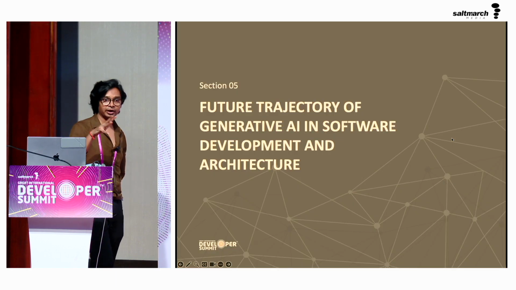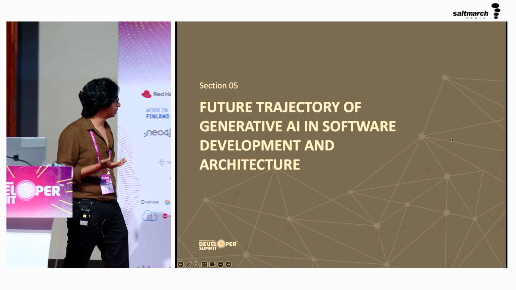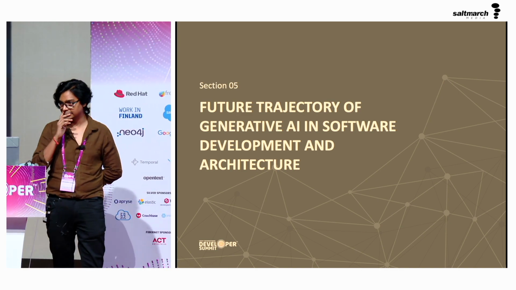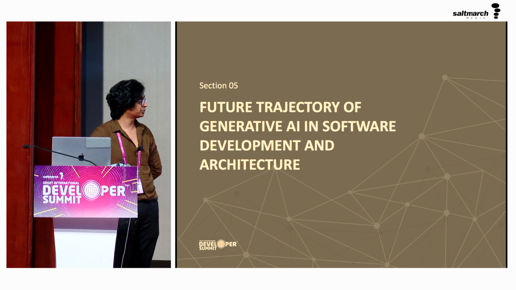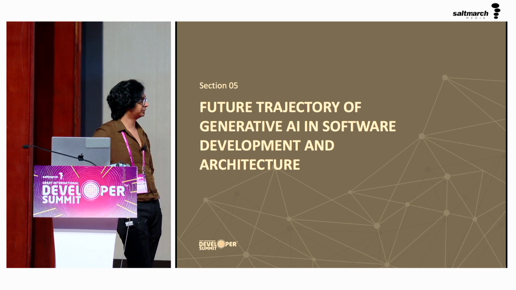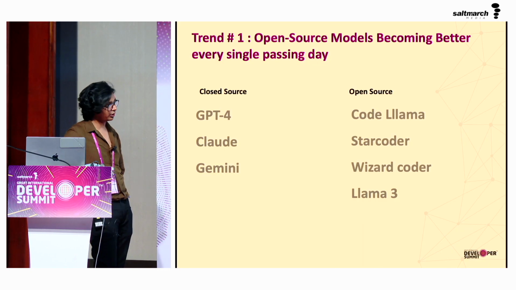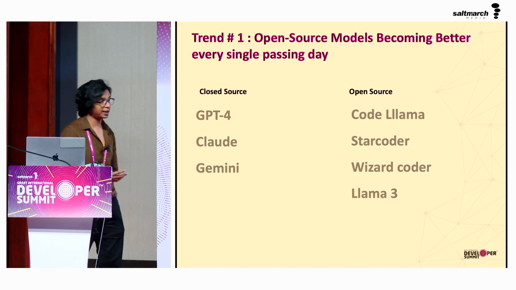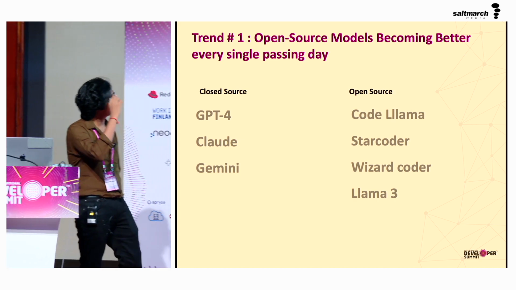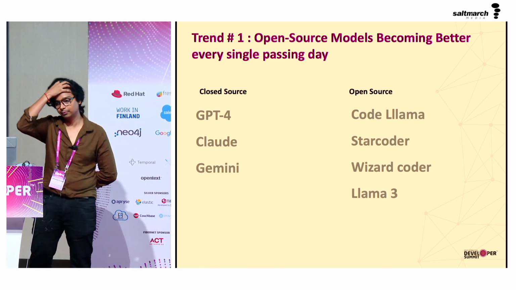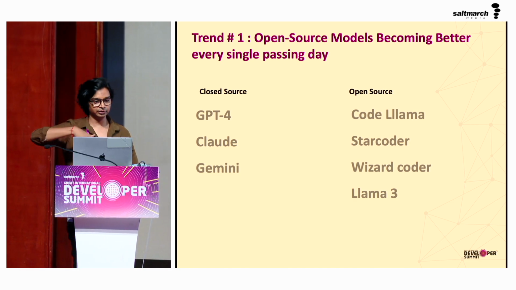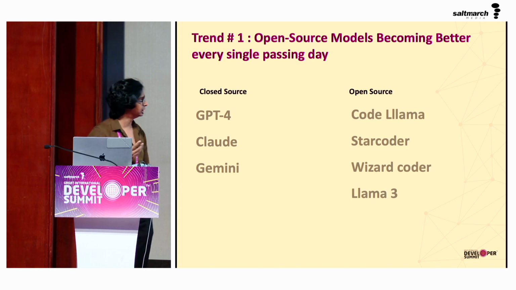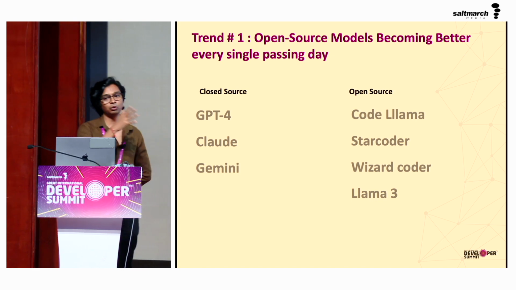Good. So you saw how you deploy your model and how you use these models. Now, towards the end, as we are closing in, I want to share 3 key trends in the world of GenAI in SDLC. The first trend, and you already saw a couple of examples, is that open source models are becoming better every single passing day. While ChatGPT happened and people jumped on GPTs, which is great, those are closed source systems.